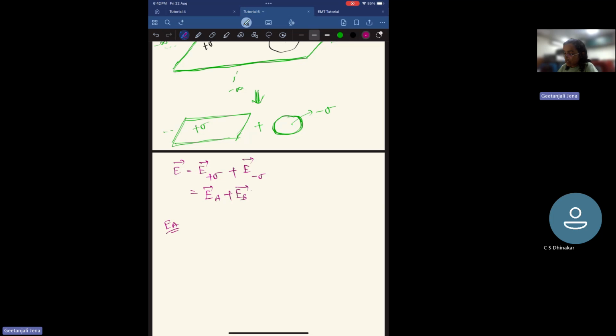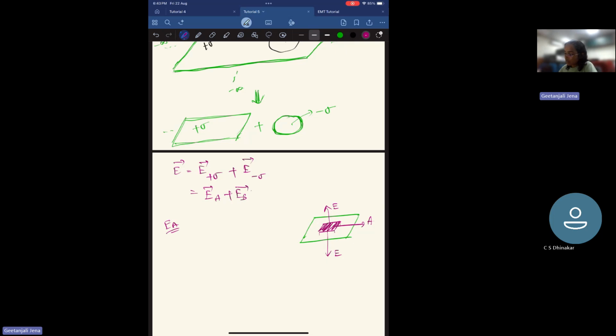For EA, what was the procedure to find the electric field? Because the charge distribution is symmetric, we can use Gauss law. The Gaussian surface will be a rectangular pillbox on both sides of this large conducting plate, and the electric field is in this direction. Let us say this area element is A. Because of this large conducting plate, we'll have the electric field in this direction also, radially outward.